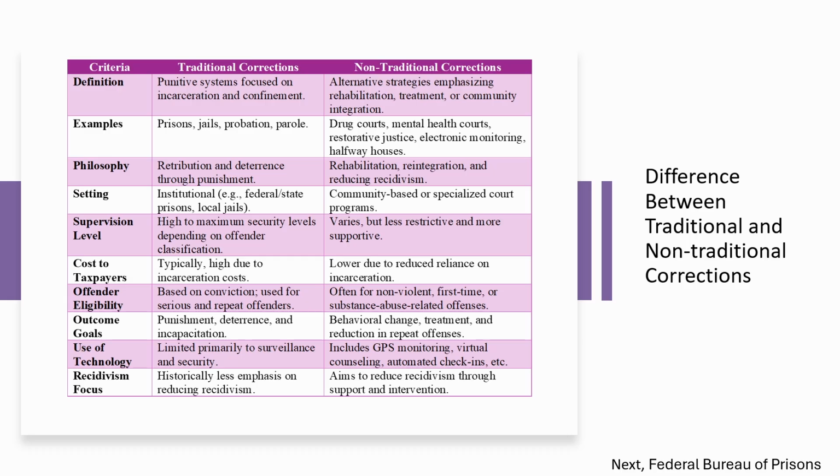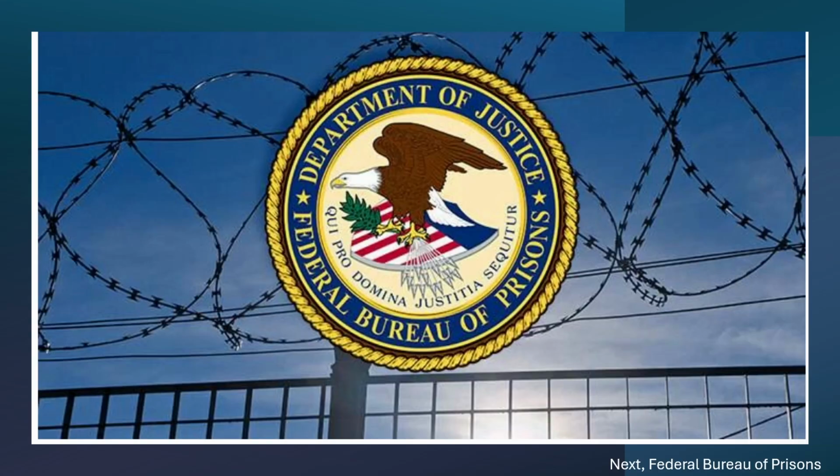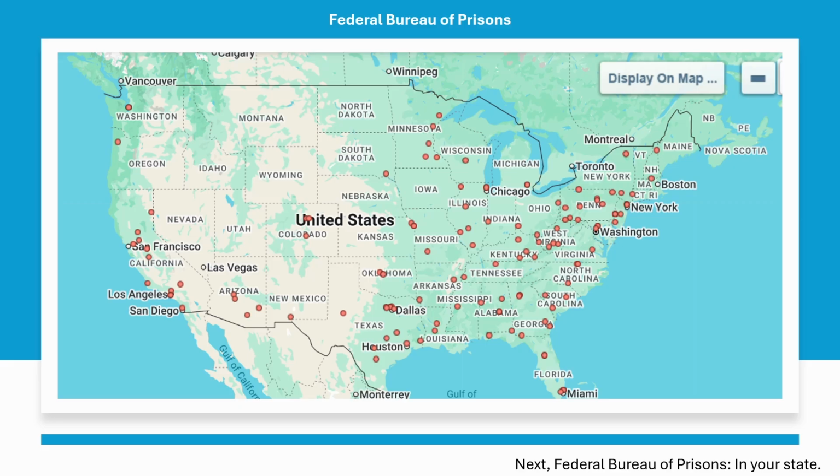And now we're going to move into the Federal Bureau of Prisons. This map shows the location of the federal prisons in the United States, kind of clustered in California, and then they come over here.